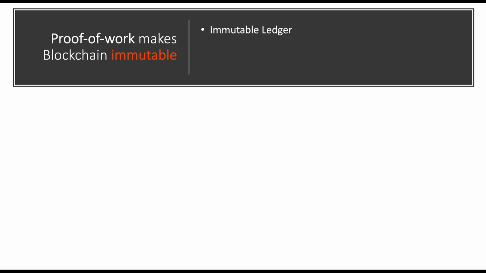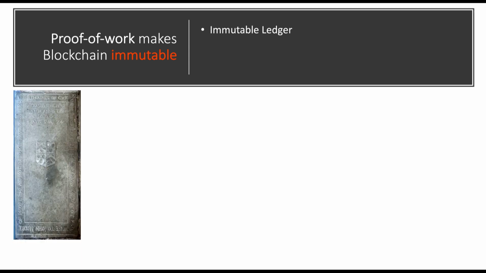Because everyone has the data. Because the data is saved in every node, and blockchain is a ledger, you might have heard it's an immutable ledger. Apparently we don't want anyone to change our ledger. A ledger should be something unchangeable, like the stone ledgers people used to use.